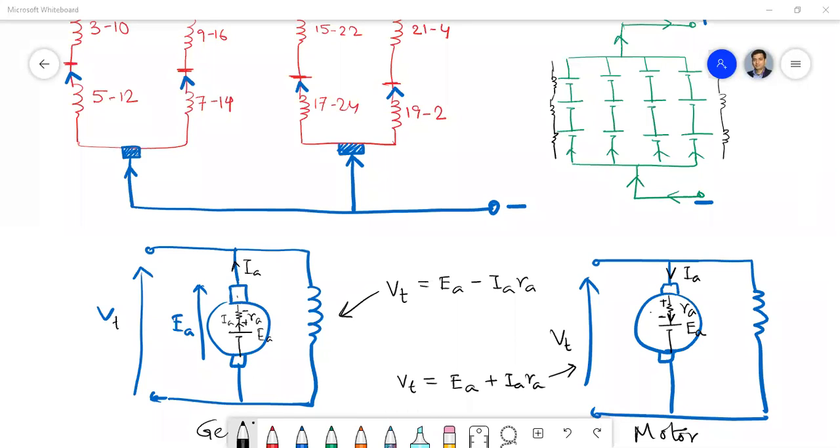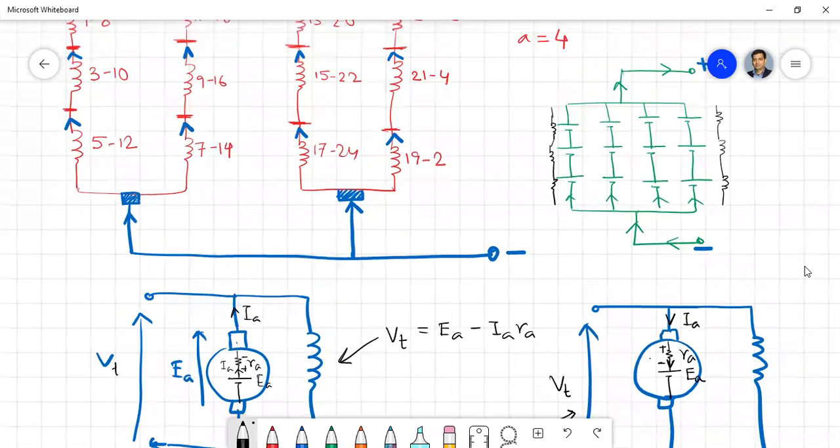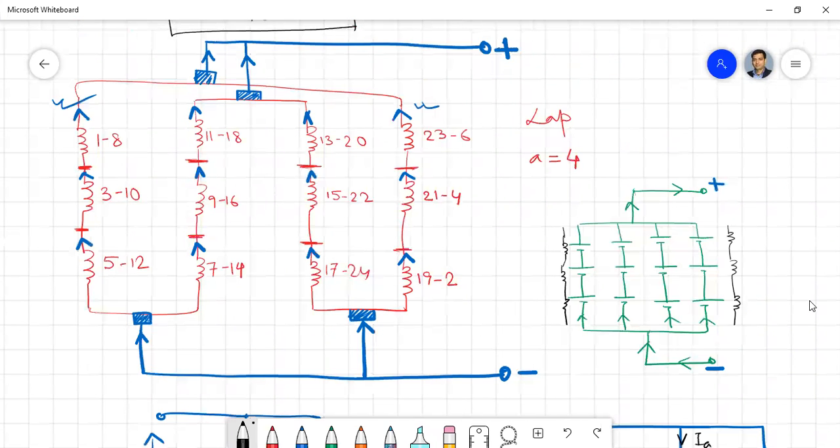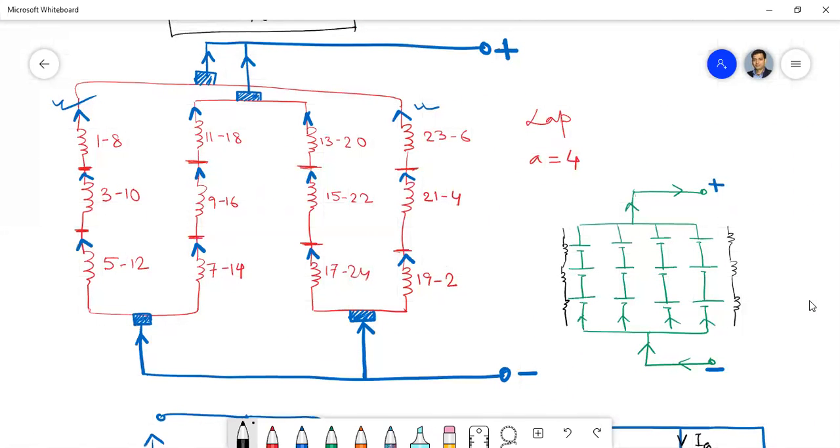So you just check it, because the current direction is not right. If we take this as a generator, your current direction is not right, as I explained. You just check it. Your current direction is not okay if you take the operation as generator, because you have shown it as a generator.